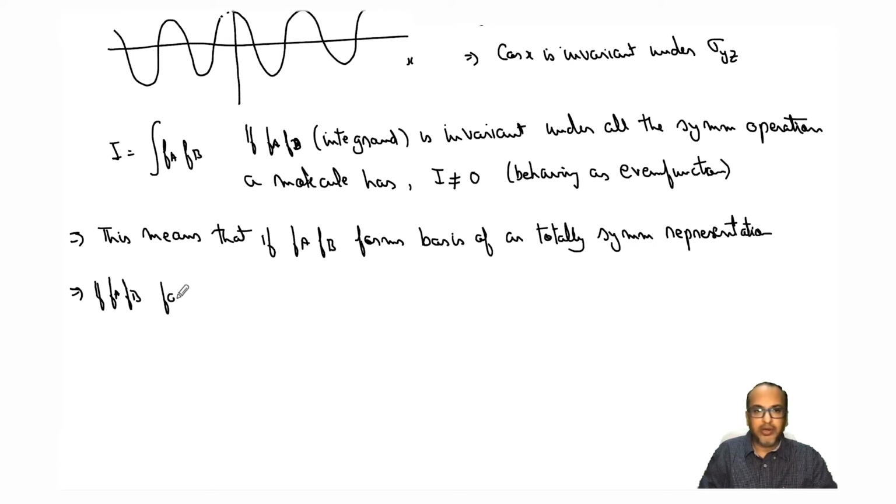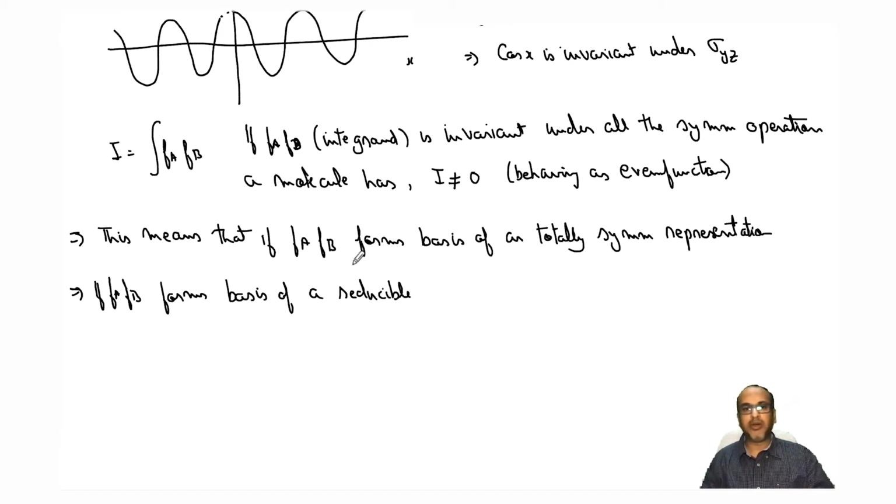Or let's say if fa fb forms the basis of a reducible representation, it is possible that it can form the basis for an irreducible or a reducible representation. We don't know.